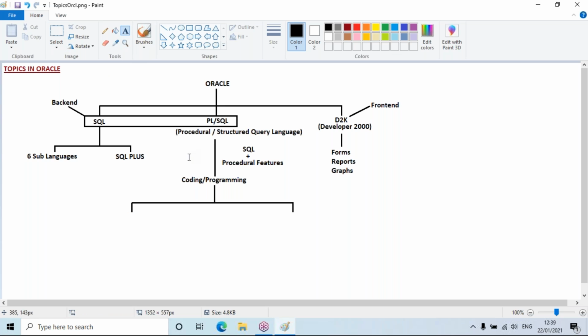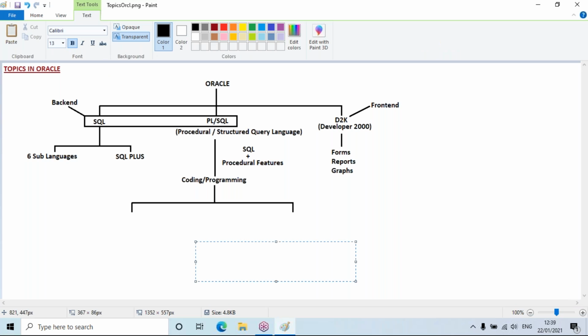One is called anonymous block programming, which is also called unnamed block programming.